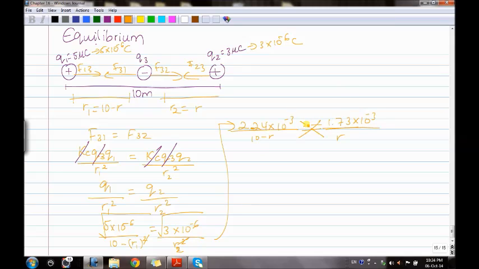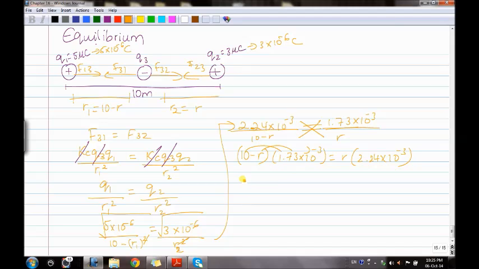So cross multiply, so it would be 10 minus R times 1.73 times 10 to the power of negative 3 equals R times 2.24 times 10 to the power of negative 3. So we multiply 10 by 1.73.